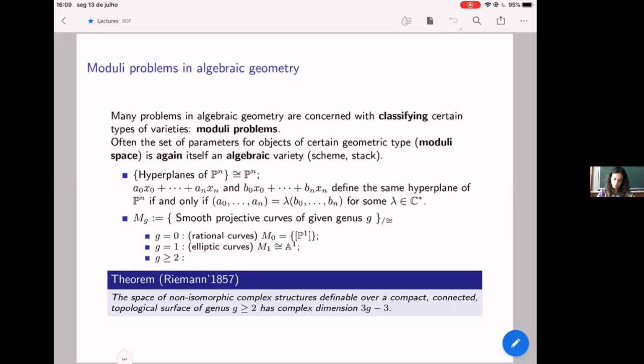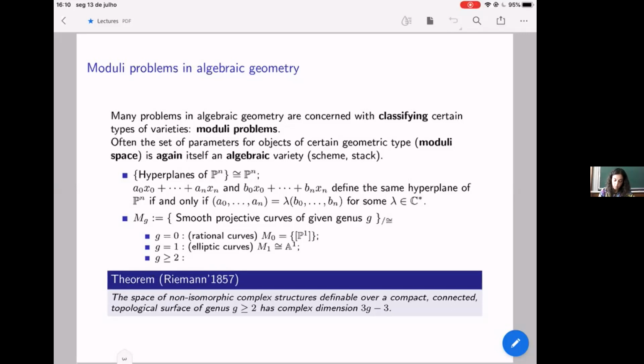You might want to think of these as compact Riemann surfaces if we are over C. Once we fix the genus, the first example to consider is the moduli space of rational curves. All smooth curves of genus 0 are isomorphic to P^1, so the moduli space M_0 would be just a point.